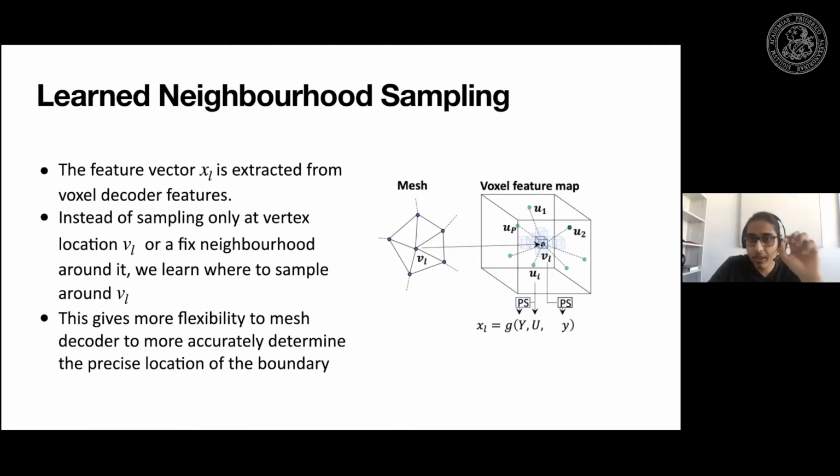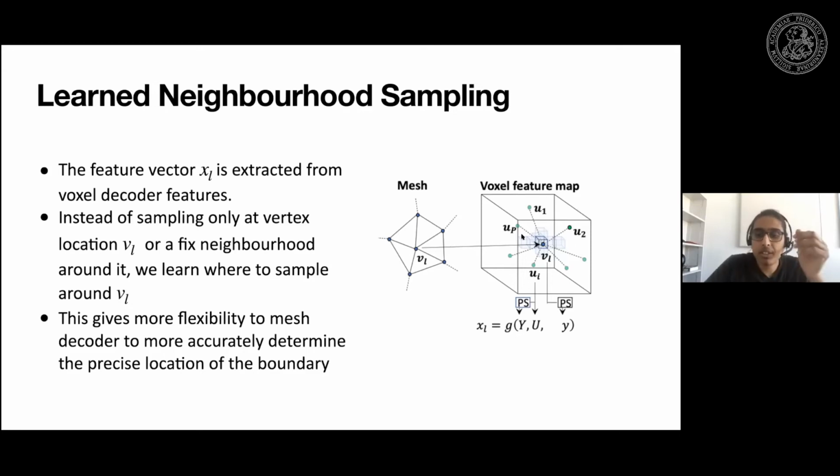So we have the center point and the neighborhood that we are sampling. This is how we extract information from the voxel feature map and move it to the mesh features.